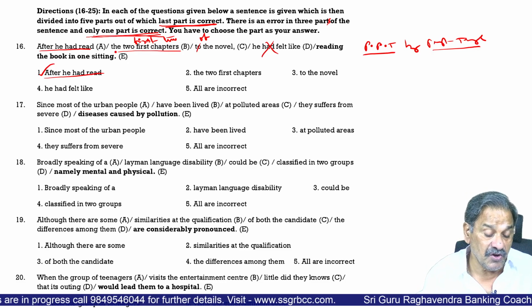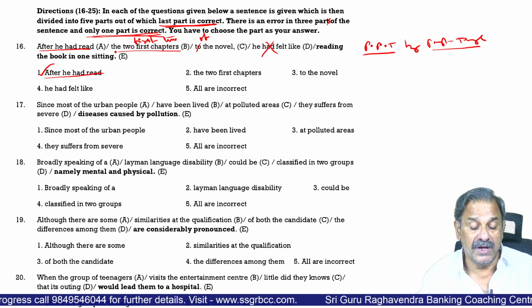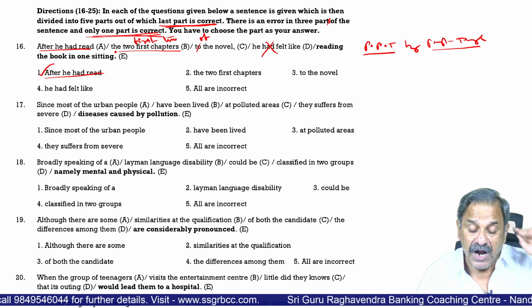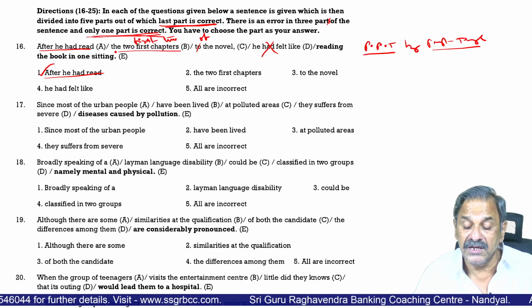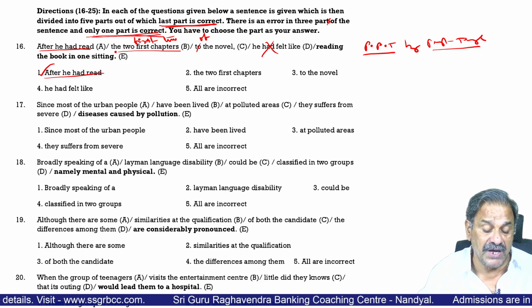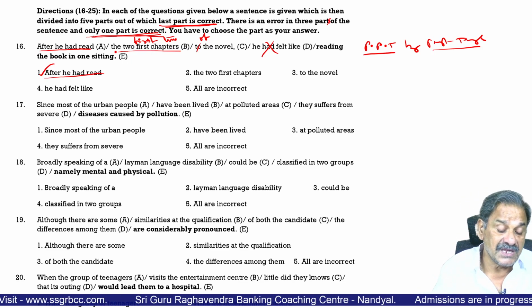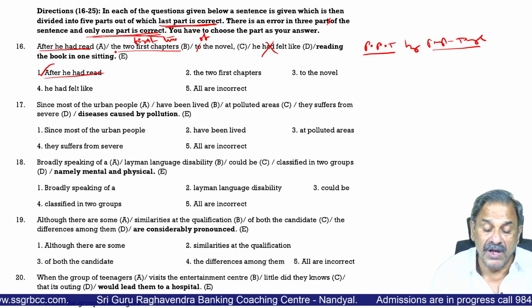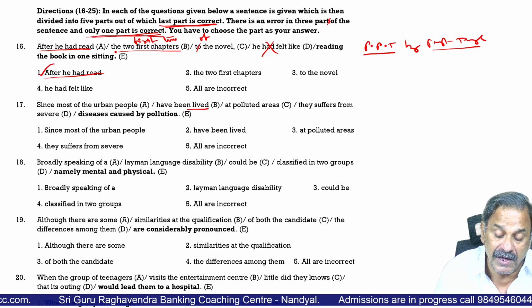Since most of the urban people have been lived at polluted areas, they suffer from severe diseases caused by pollution. It should be 'have been living'.